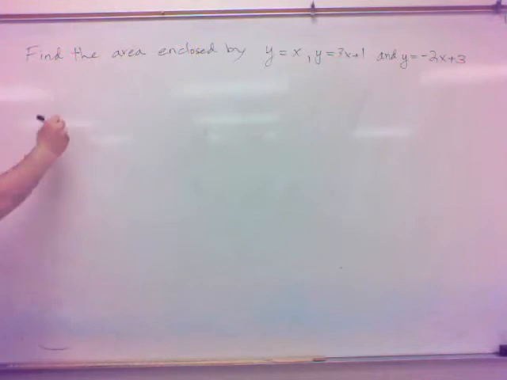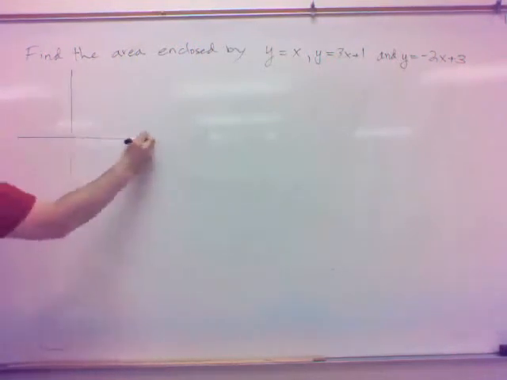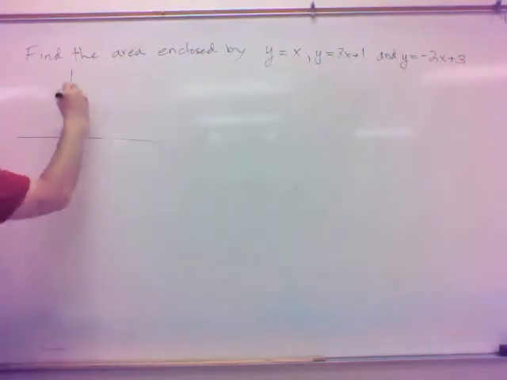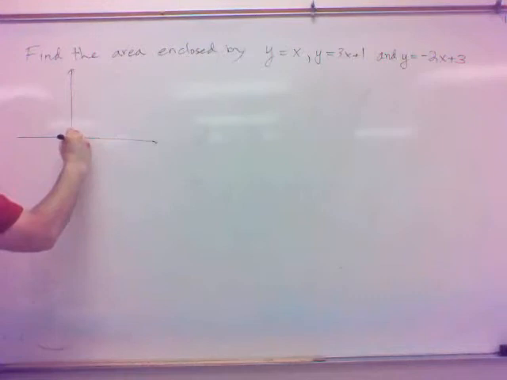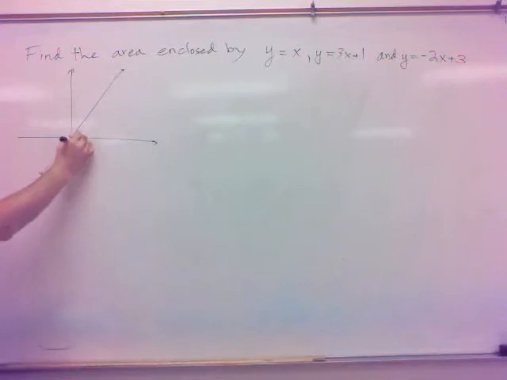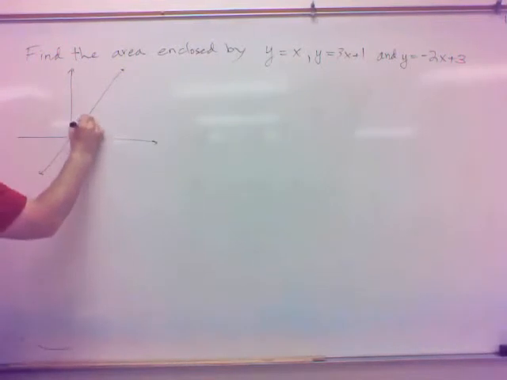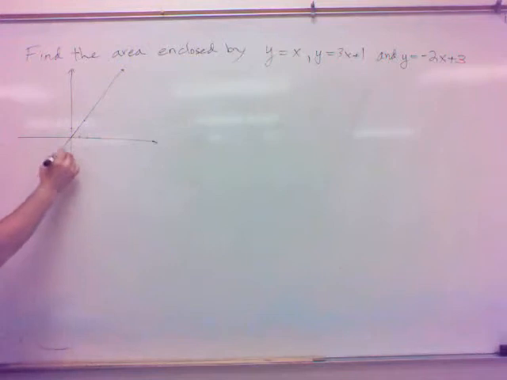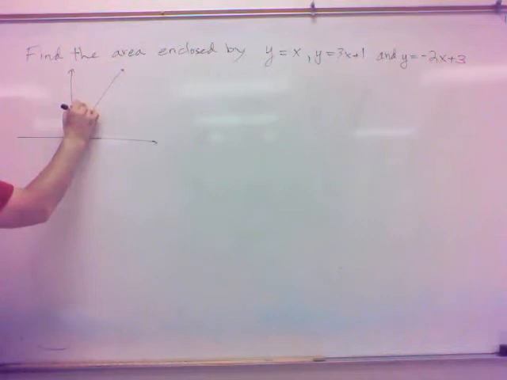We got three curves. Y equals x. Well, that's our 45-degree line, if you will, right? You got 1, 1, 2, 2, 3, 3, and so forth. Okay, 3x plus 1 looks like this. We got 1, and then rise over run: 1, 2, 3, rise, run 1.